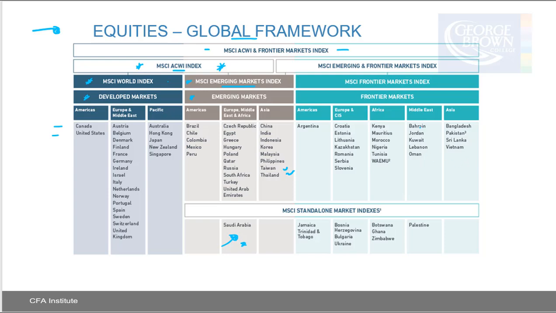And if we look here at the frontier markets, we can see that in the Middle East, certain countries like Kuwait and Bahrain, Jordan, Lebanon, Oman, these are all considered to be frontier markets, okay? In terms of Asia, Vietnam is a frontier market. The stock market there just started in the 1990s.